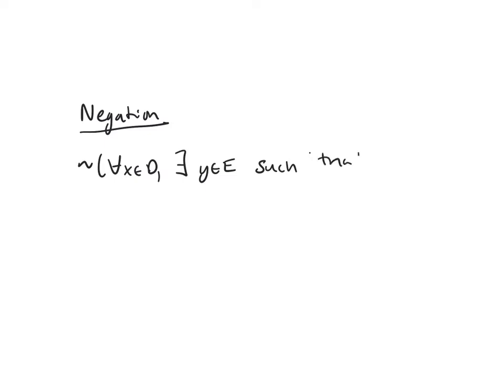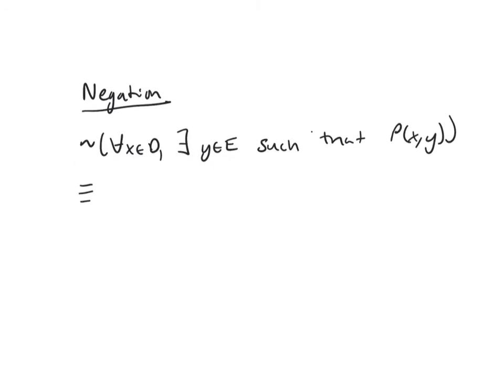So now let's talk about how to negate statements that have multiple quantifiers in them. So if I negate one of these statements, well, when you have multiple quantifiers, you essentially negate each one. So remember, when you negate a quantifier, it flips to the other one.